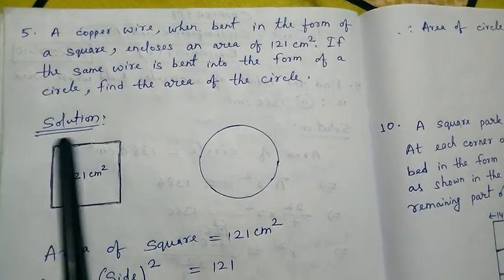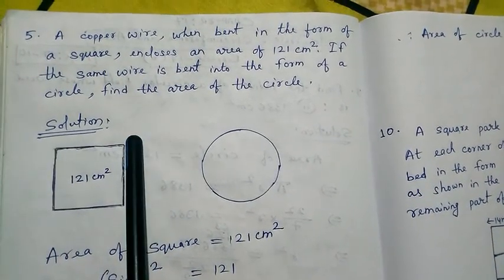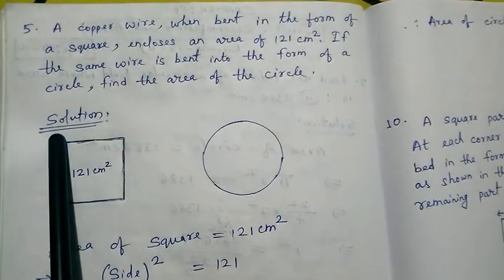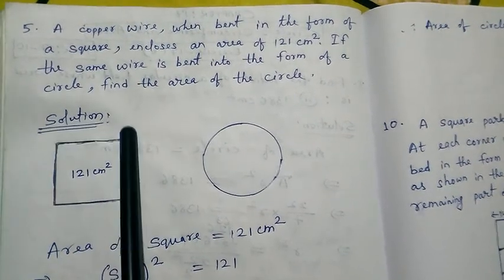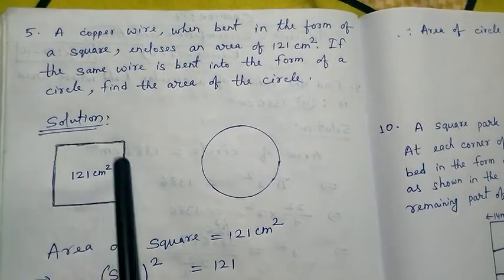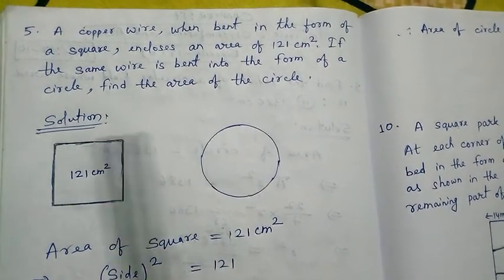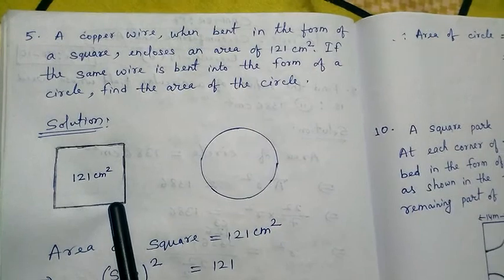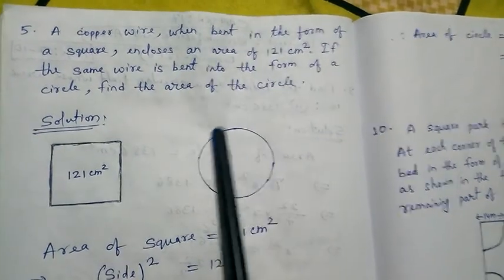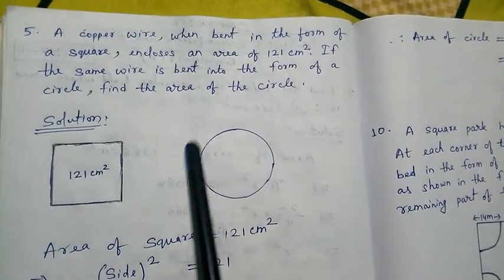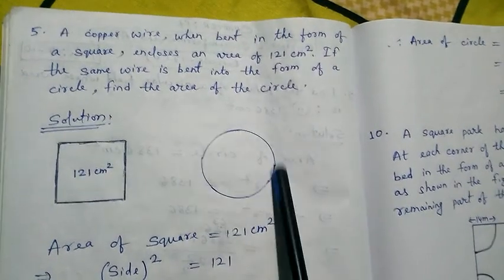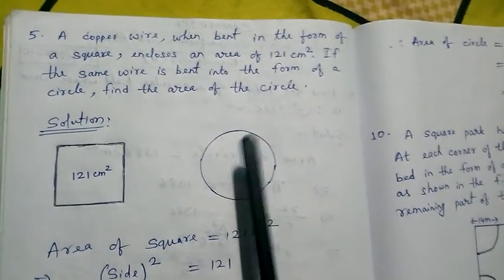So there is a wire which is now in the form of square, and when it is in the form of square, its area is 121 centimeter square. And if the same wire which was used as square is formed as circle, then what will be the area of circle?